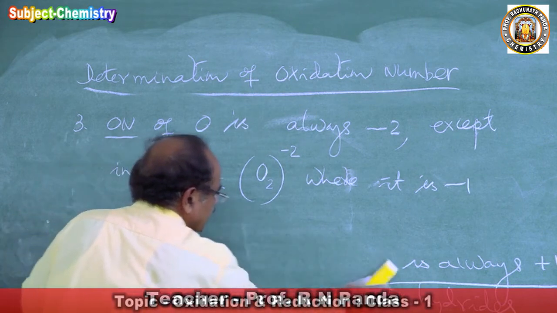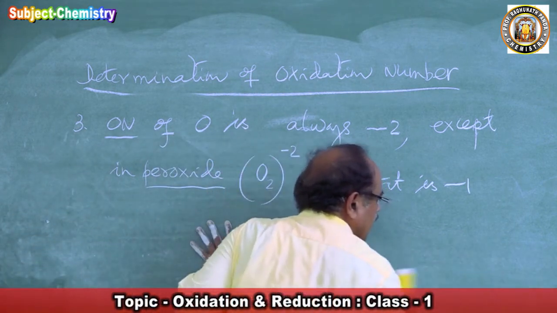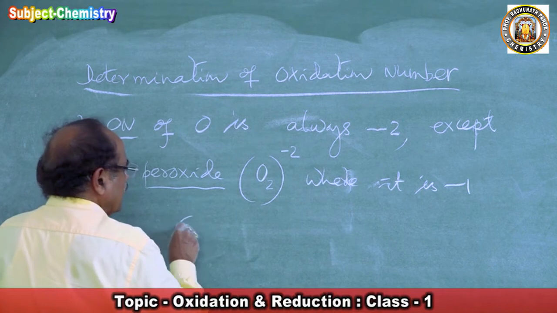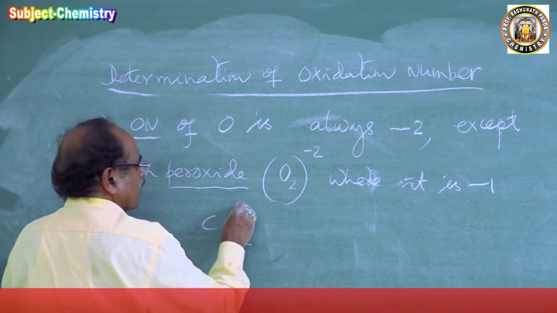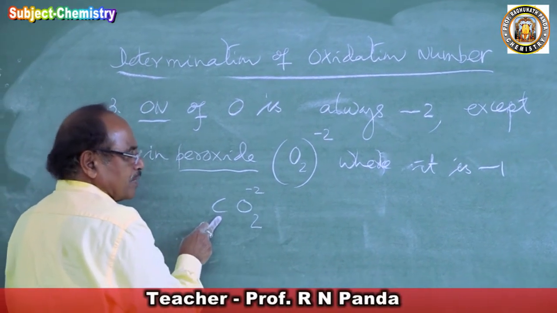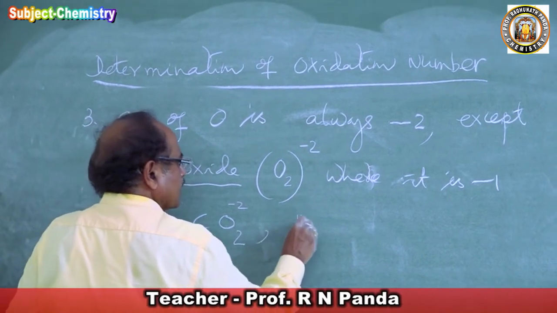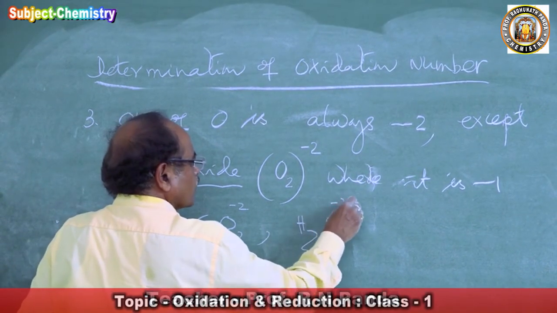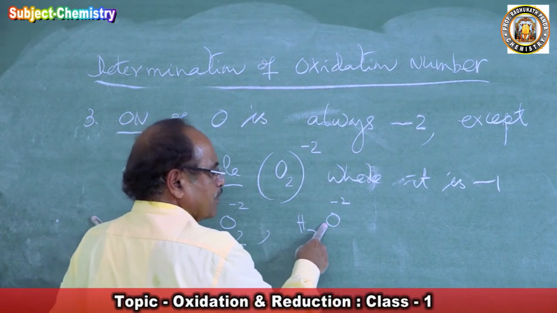So it is always -2. If you take carbon dioxide, here oxygen is -2. So you can calculate carbon is +4. If I have water, here oxygen is -2. Charge of oxygen is -2.